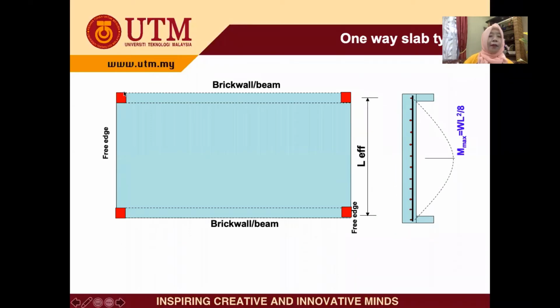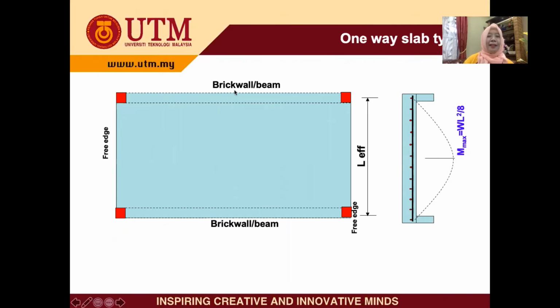Therefore, this edge is free, and here is free. We can see this type in bridges in our kampong. Basically, the kampong people will build the bridge like this.